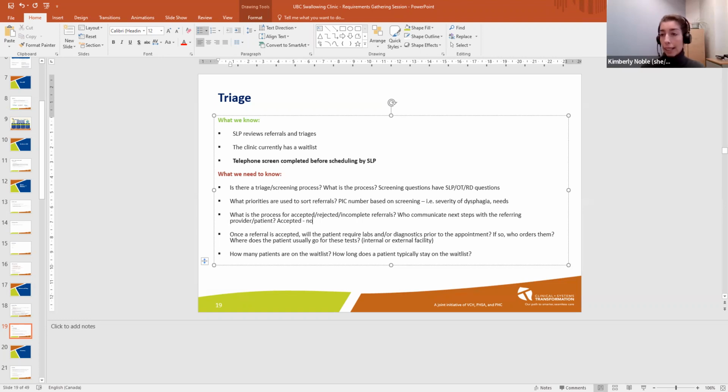Clinics will call and ask if the referral's been received, and we would then follow up with them and confirm. And if it is rejected, what would usually be sent to the providers? Typically the SLP would follow up with the provider and give the reasoning for why the patient was deemed not appropriate for the service, either by fax or by phone. And then, okay, all right.